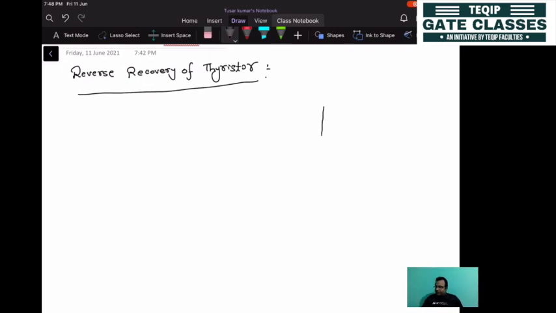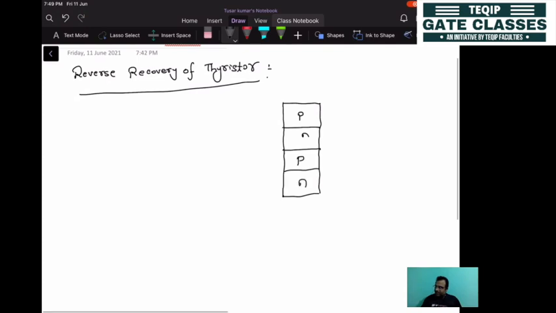We have discussed the operation of the thyristor. It is a 4-layer device: P, N, P, N. Here the gate terminal will be connected; this is the gate terminal, this is the anode, and this is the cathode.